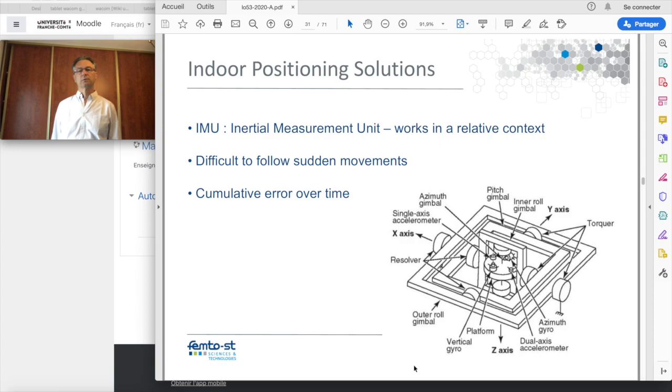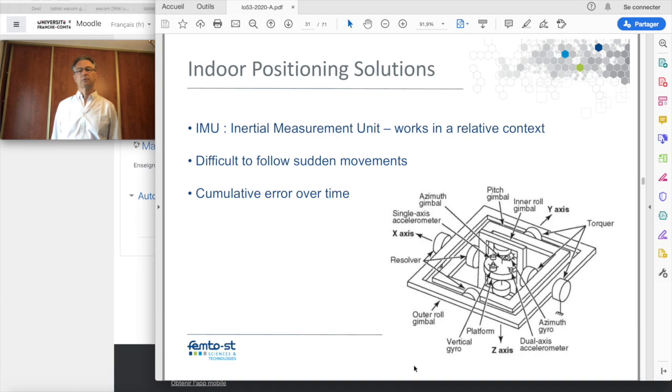So one of the other solutions to do indoor positioning is to use inertial units called IMU, inertial measurement unit. It's an interesting way of measuring movements inside the building, but it is only a relative system. It's not an absolute system.